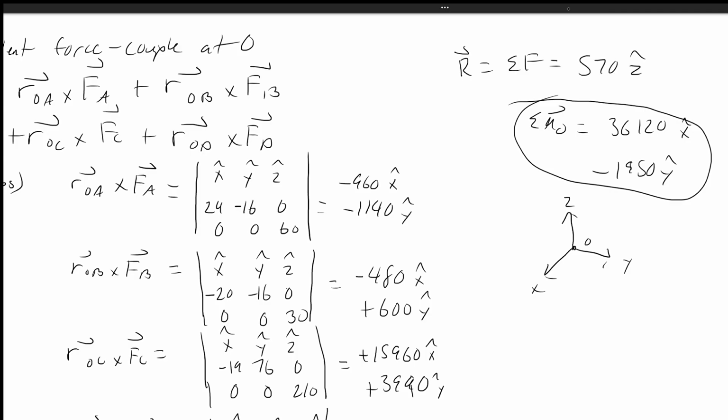Alright, thank God. So we have that guy, we have a force, 570 in the z direction, and then we have a couple, which is in the xy plane. Technically, I just drew that so horribly. Alright, and what we want to do is find a line of action somewhere.